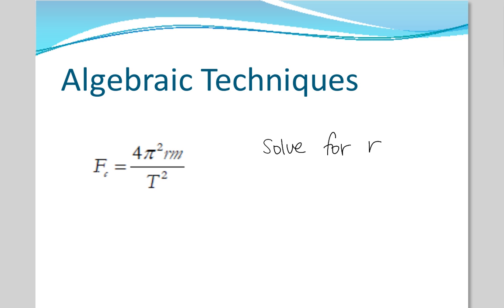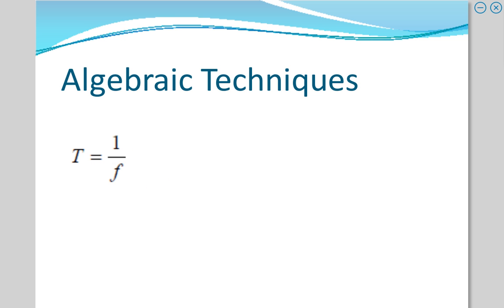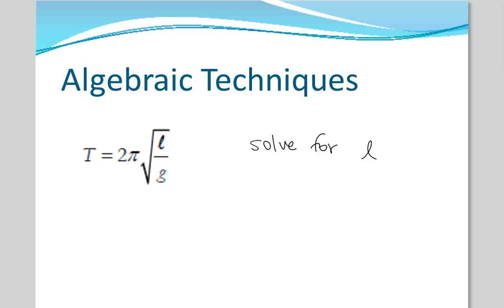That's for centripetal force. And then for the next one, I'll have you solve for F. And the last one, I'll have you solve for L. And that'll be the rest of class. And I'll walk around getting to know you guys. And that's it for the first class.